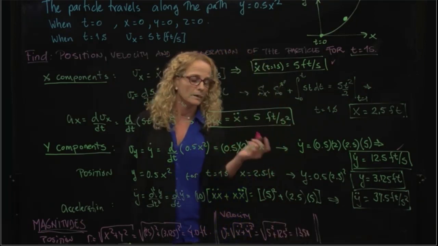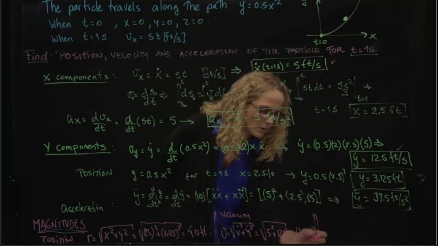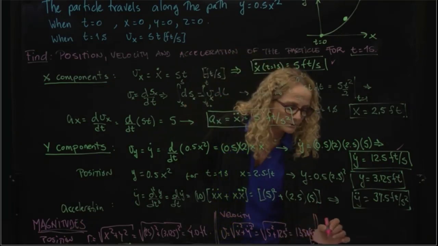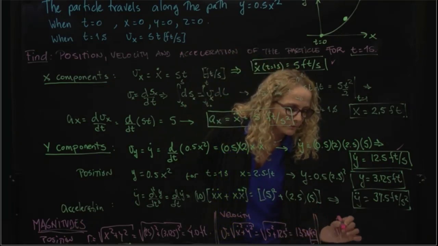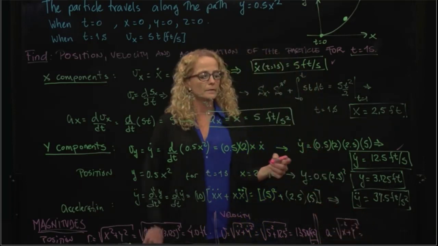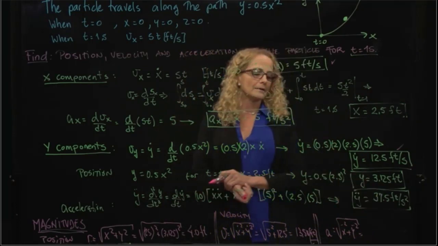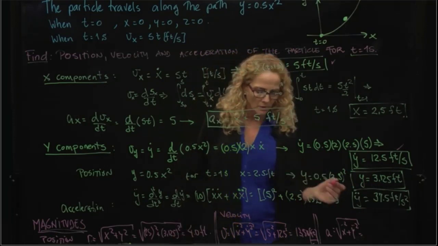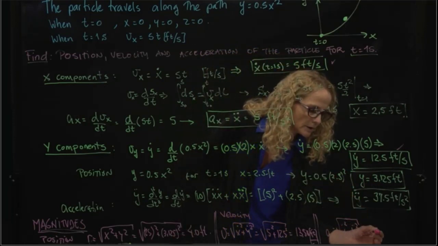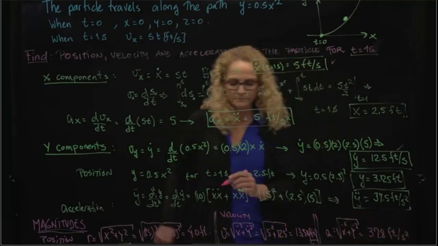Very important, don't forget the units, feet per second. And the acceleration will be the square root of x double dot squared plus y double dot squared. I'm not going to write the numbers, but it's 5 squared plus 37.5 squared, which gives me the value of 37.8 feet per second squared.